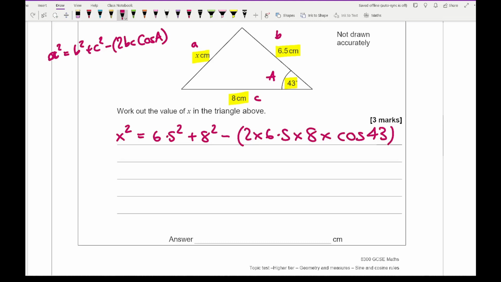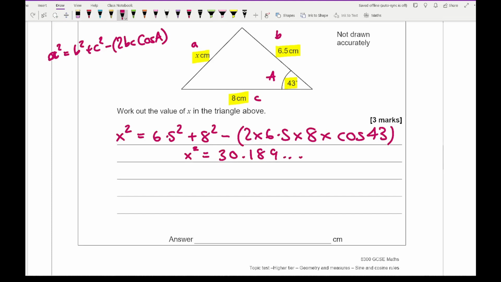Entering all of that in my calculator, I get 6.5 squared and I get an answer of x squared equals 30.189.